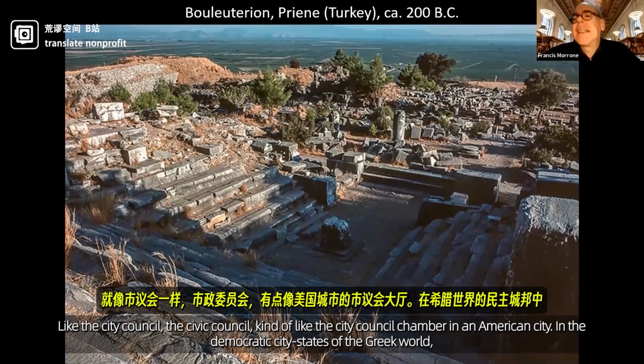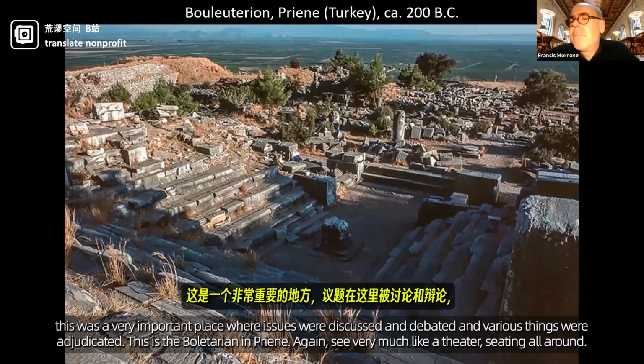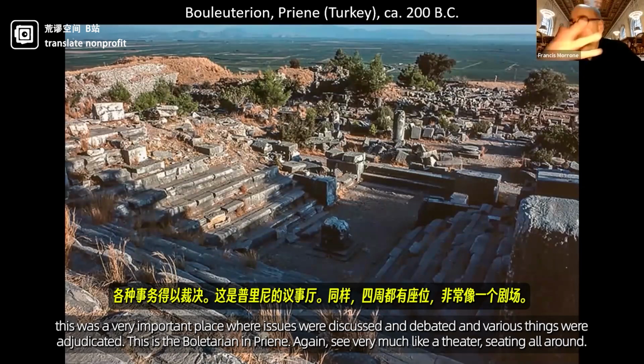In the democratic city-states of the Greek world, this was a very important place where issues were discussed and debated, and various things were adjudicated. This is the Bouleuterion in Priene.